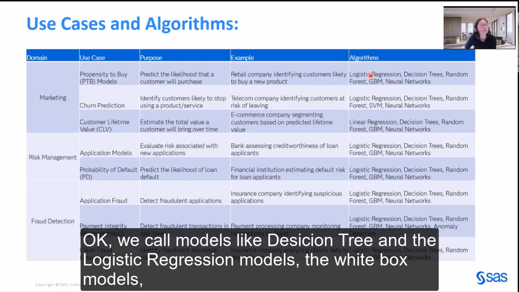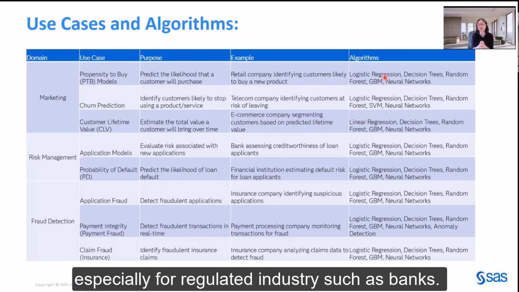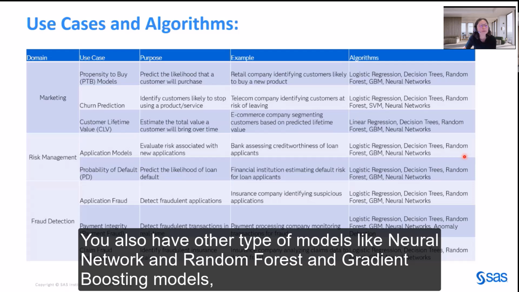We call models like decision tree and logistic regression models the white box models, because you can explain the results, and this ability to explain why you get the output is very, very important, especially for regulated industries such as banks. You also have other types of models like neural networks, random forest and gradient boosting models.